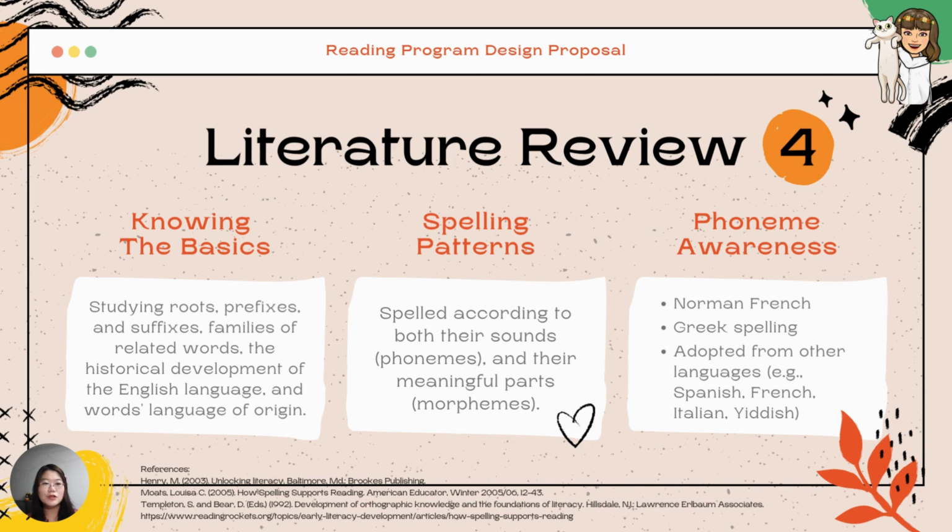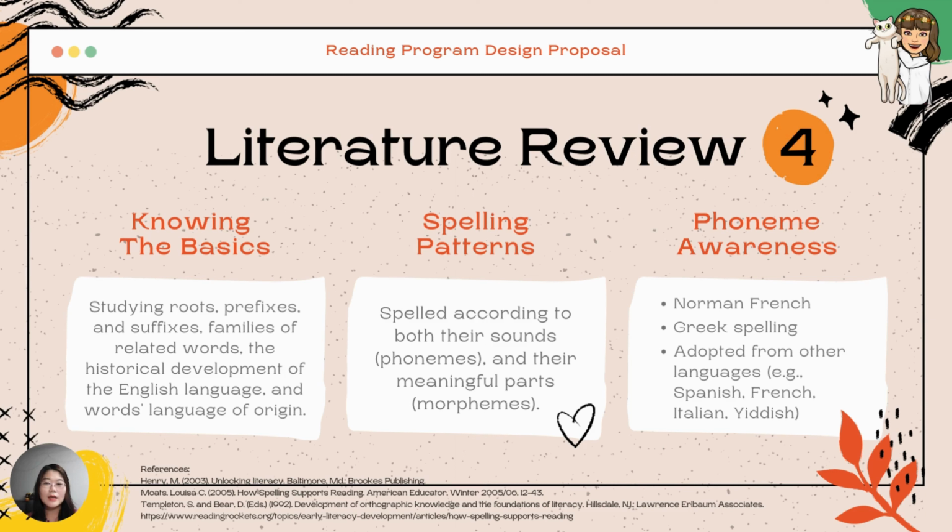And the next literature review we can separate into 3 parts. The first one is about knowing the basics. For example, students can develop a deep understanding of English, like suffixes, word families, prefixes, and word origins from other languages.